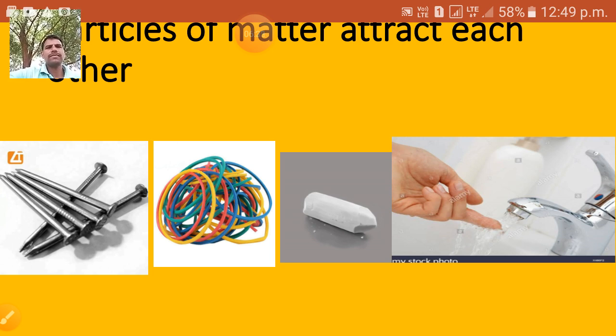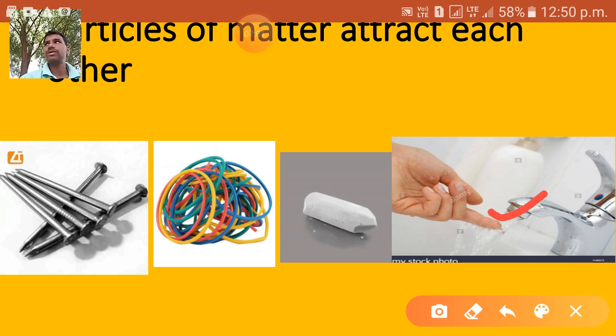It means if you have to break a rubber band, let's say by stretching it, you will be able to do so, but the amount of force that is required is not as much as you need to break iron nails. In the last picture, that is the stream of water, you cannot break the stream of water with your finger. Why? Let us understand why.